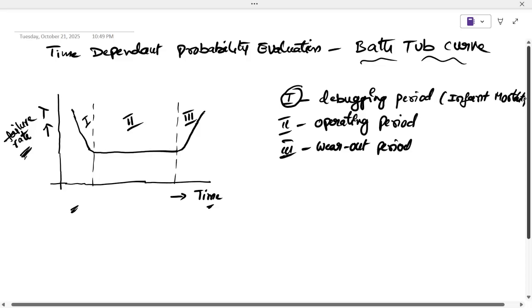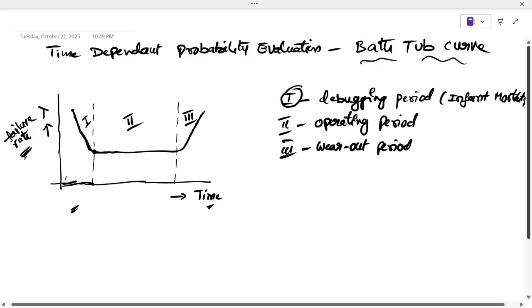Here the failure rate varies like this with respect to time. As time increases from 0, the failure rate starts from maximum, and gradually the number of failures decreases. After reaching this position, the failures are almost constant and very low.